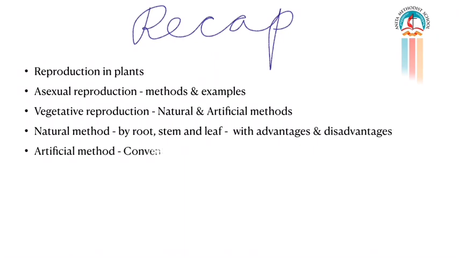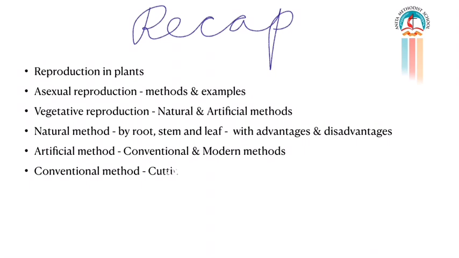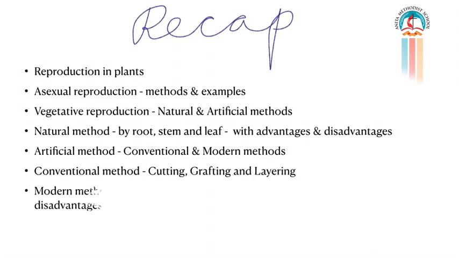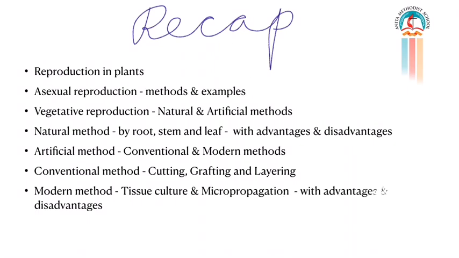Under artificial, we learned about the conventional method and the modern method. Under the conventional method, we discussed cutting, grafting and layering. Under the modern method, we discussed tissue culture and micropropagation along with advantages and disadvantages.